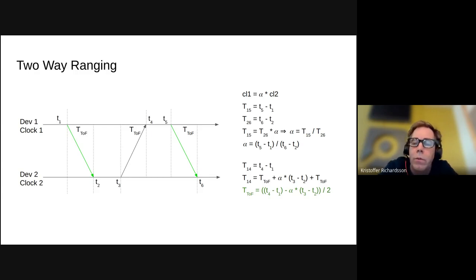And the easiest way to measure this multiplication factor, alpha, that I call it here, is to find two places where packets are sent from device 1 to device 2. That's the green arrows in this case. And device 2 will know T1 and T5, and it will know T2 and T6. And here T1 and T5 are measured in the device 1 clock, while T2 and T6 are measured in the device 2 clock.